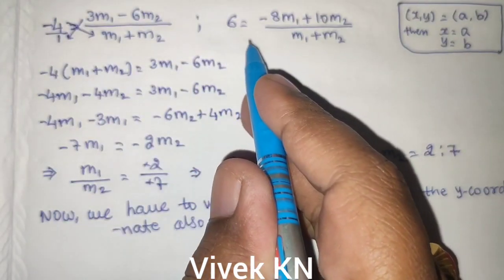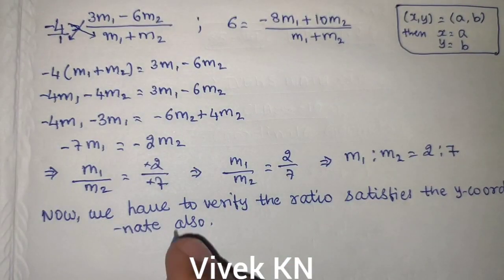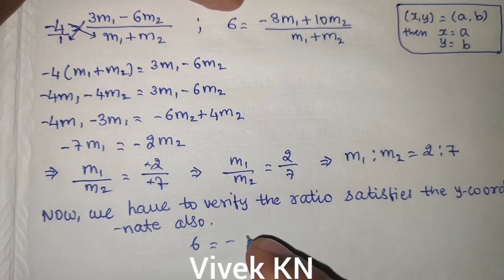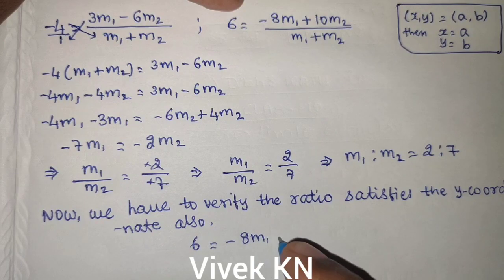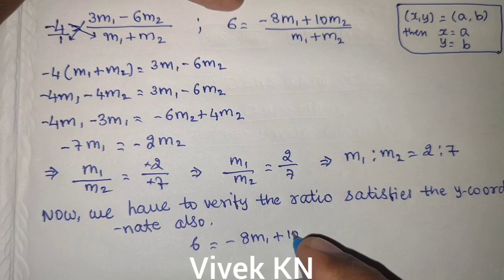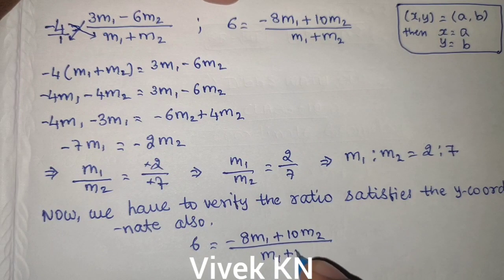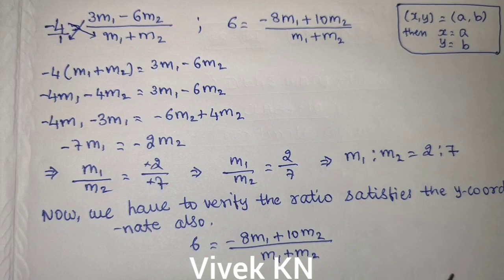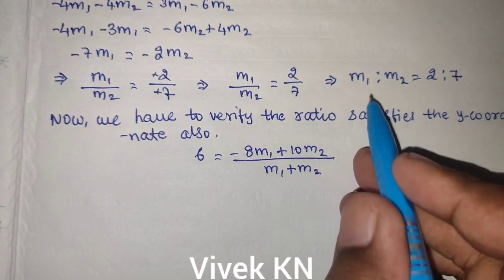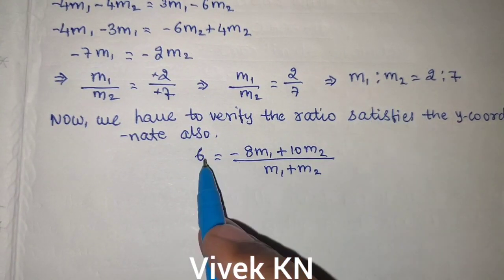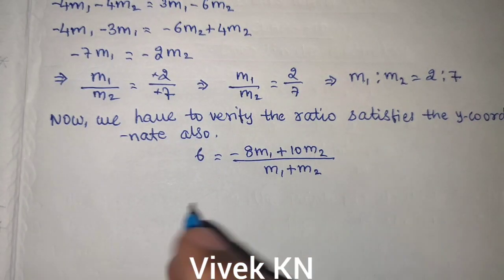Here the y coordinate is 6, which is equal to (-8m1 plus 10m2) divided by (m1 plus m2).